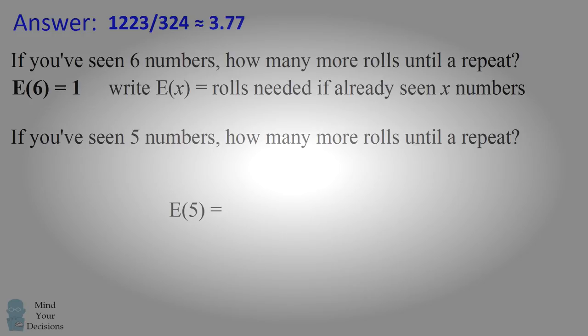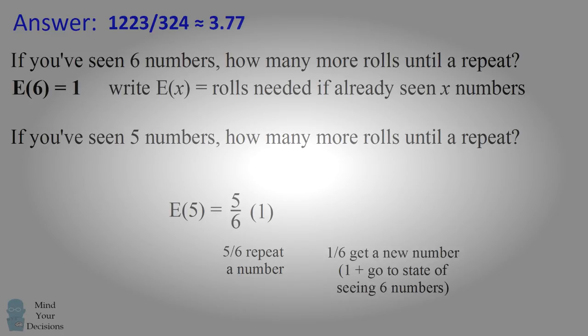So what is e of 5? There are 2 different things that can happen. One thing that could happen is we might roll one of the 5 numbers we've already seen. That's kind of what we want. So what's the chance that we're going to roll one of the numbers we've already seen? Well, there's a 5/6 chance of that. Because we've already seen 5 numbers out of 6, there's a 5/6 chance that it'll take exactly 1 roll until we see a duplicate number.